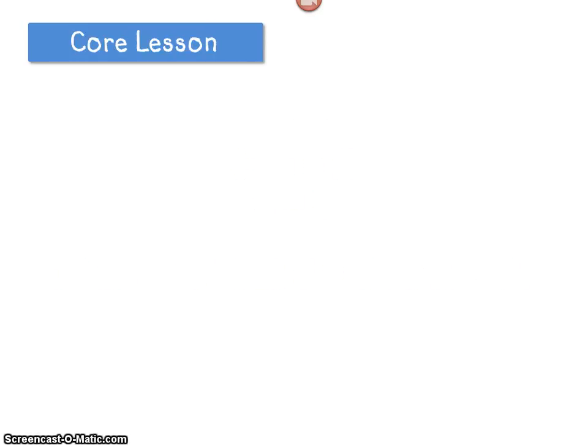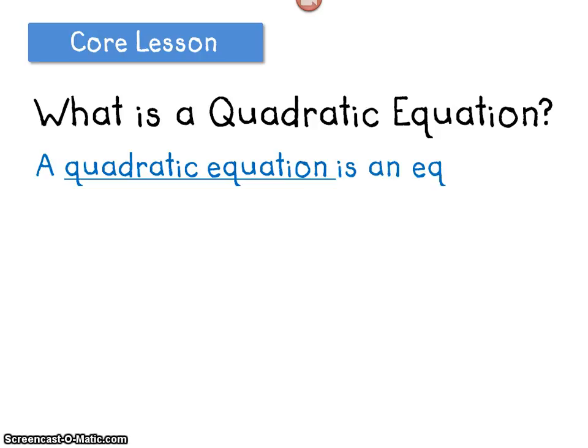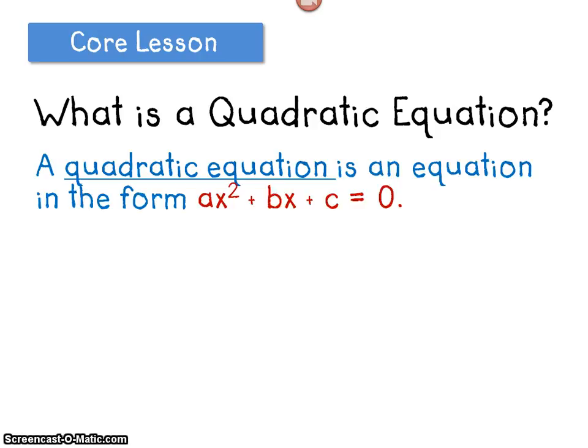Let's go on to the core lesson now. So, quadratic equation. I'm sure a lot of you are thinking, what is a quadratic equation? Well, a quadratic equation is an equation in the form ax squared plus bx plus c equals 0. That should look familiar to you.